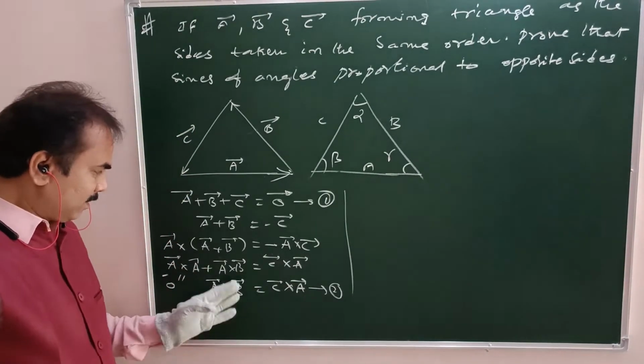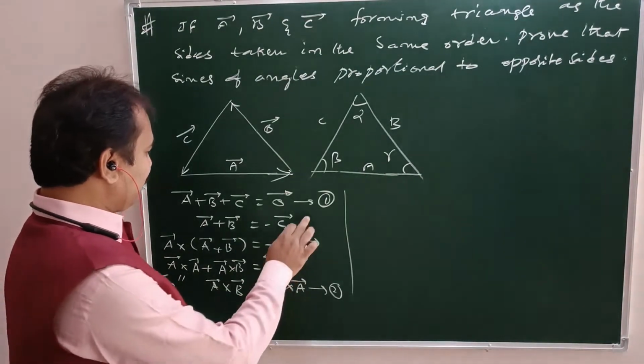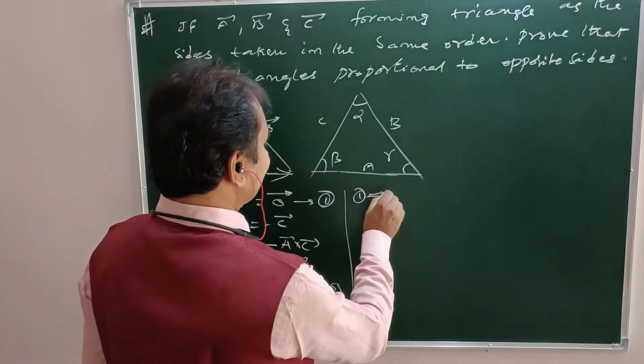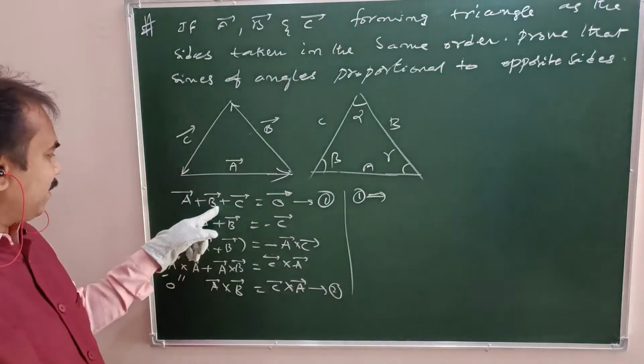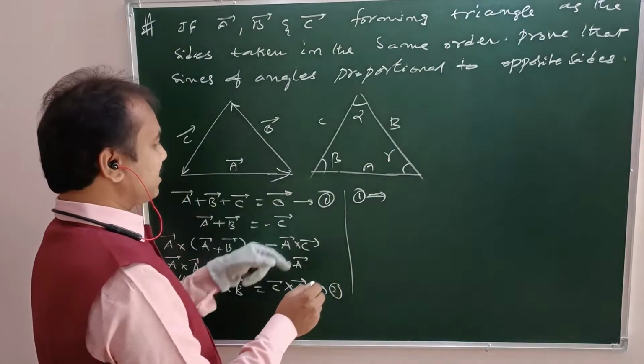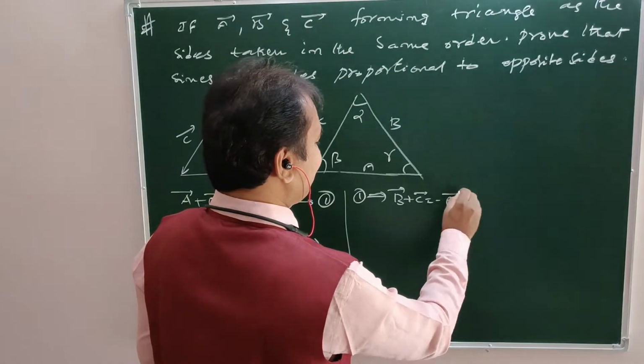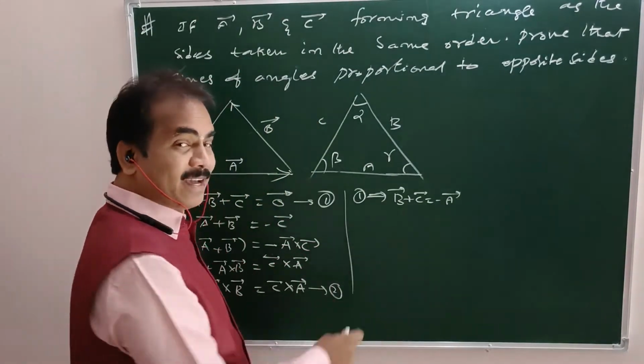Already we did the same result in the previous lecture, but once again I am proving. From 1, if I write B bar plus C bar equal to minus A bar, I am taking B cross on both sides.